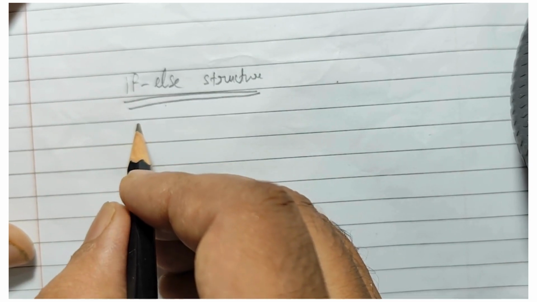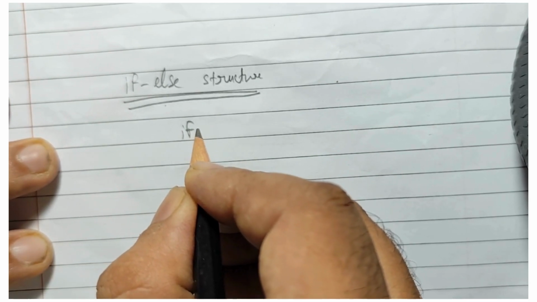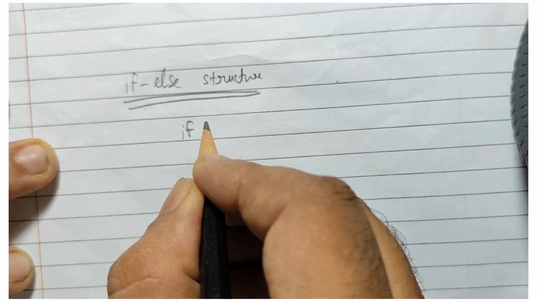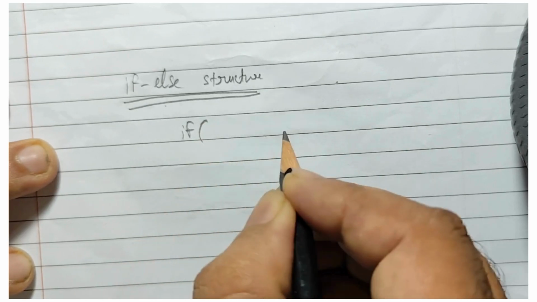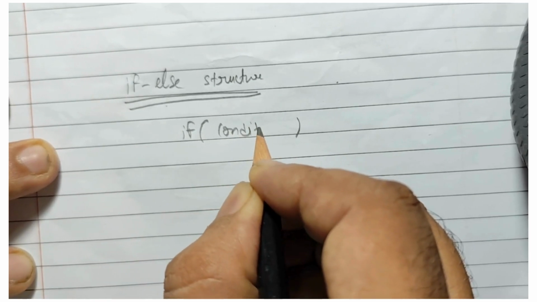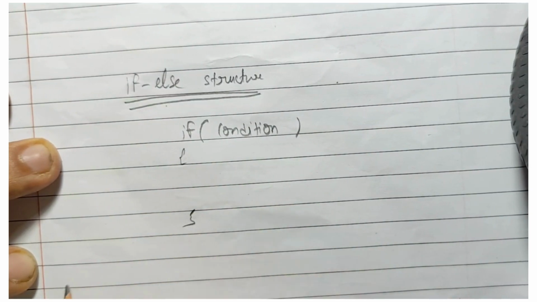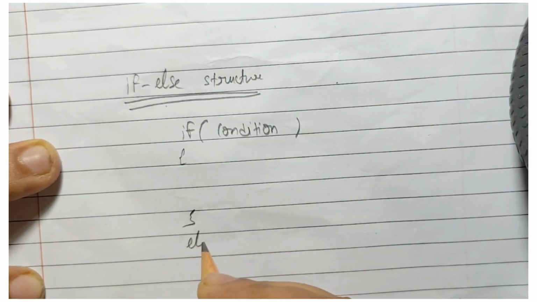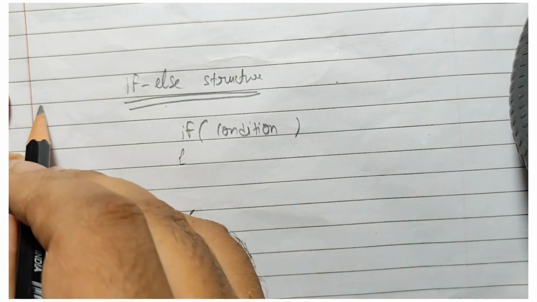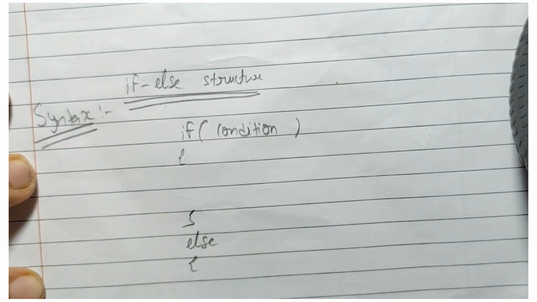In the if else structure, we have to write if, which is a keyword. After this, we include the round brackets. Inside the round brackets we give some condition. Then open the curly braces, close the curly braces, then here we write else, then open the curly braces, close the curly braces. This is the syntax or rule of the if else structure.